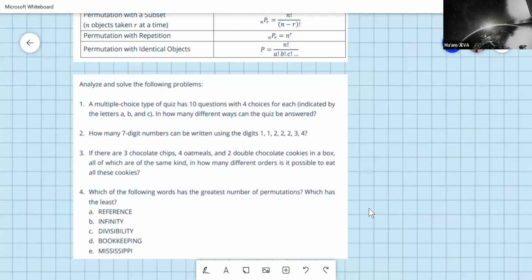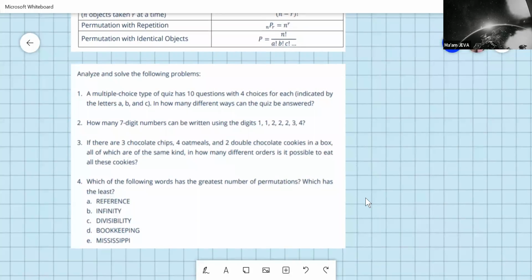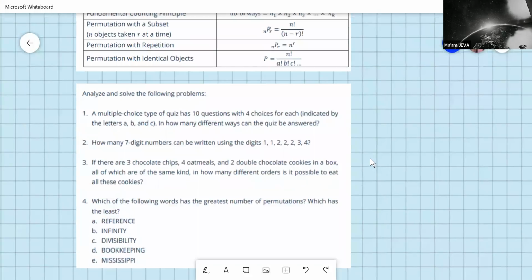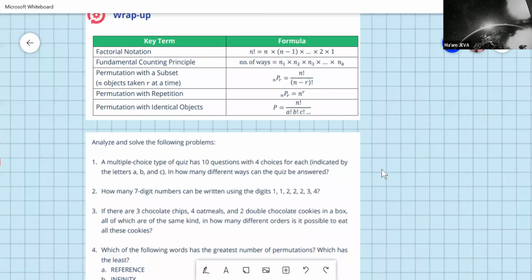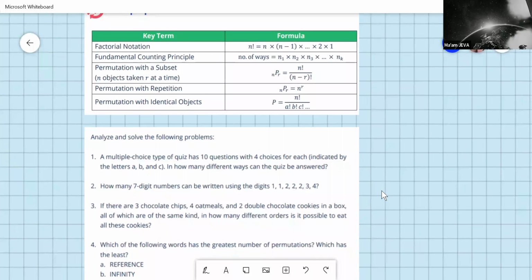Now let's go to these examples. Analyze and solve the following problems. You have 4 example problems here. I'm going to give you time to identify what kind of permutations these problems are. I will go back to you at 148.